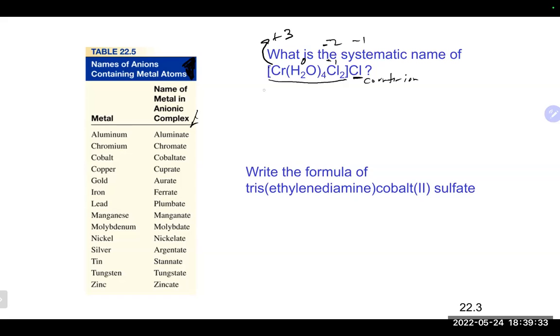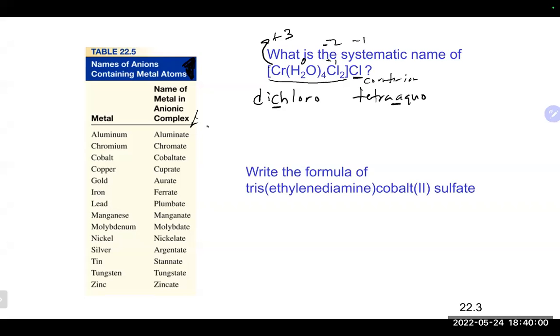So we have 2 chlorines, so that's going to be a dichloro situation. We also have 4 waters, which would be tetraaqua or tetraquo, your choice. And we do want to put it in alphabetical order. Which one should come first? Yeah, it should come this one because we're actually comparing the A to the C here. Again, we're going to ignore the prefix there.